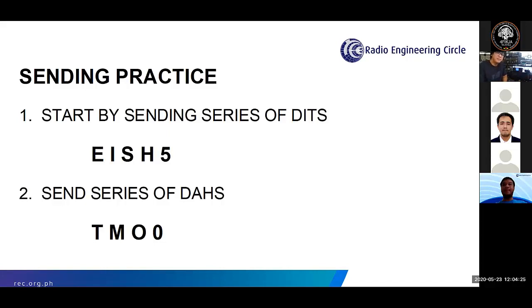And so yung practice nito, if you're going to practice this E, I, S, H, 5, you combine it, so you make a word like his. Dit dit dit dit dit dit, his, di ba? Or she. Yan, gagawa kayo ng mga words na gano'n.